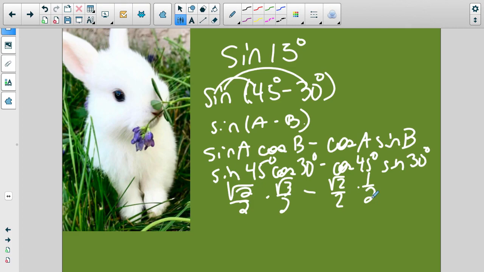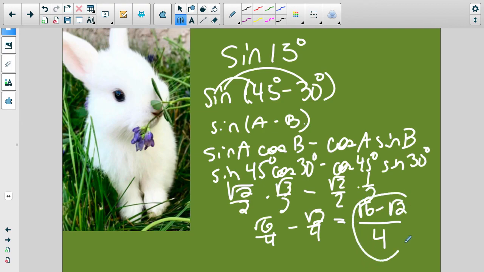You can multiply the top and the bottom. That's square root of 6 over 4 minus square root of 2 over 4. You can't subtract square roots like that, so that would be your final answer.